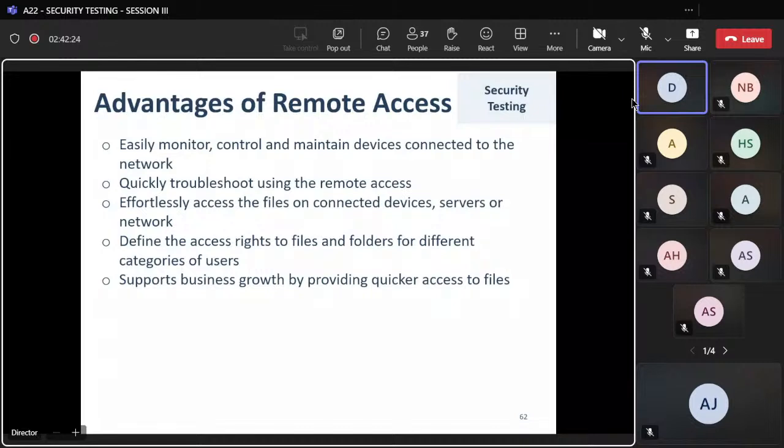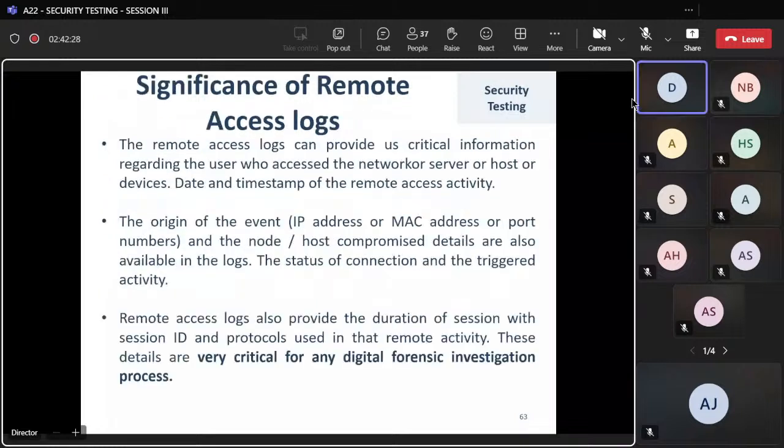So those are some of the advantages of remote access, and this is about the significance of having the remote access logs. The details are very critical for any digital forensic investigation. They help you know which user accessed the particular network, server or host, and you'll have the date and timestamp of the remote access activities.